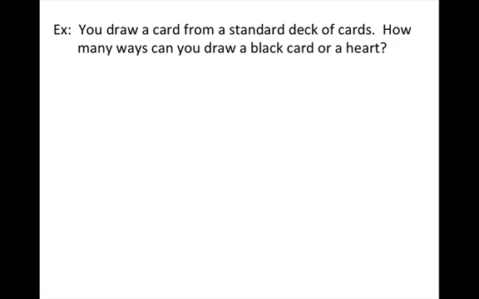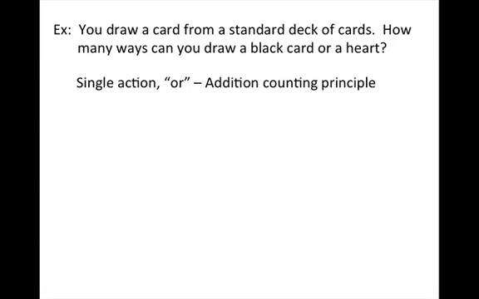Next, you draw a card from a standard deck of cards. How many ways can you draw a black card or a heart? Well, this is a single action. I'm drawing one card, and I'm considering the possibility of 2 events, a black card or a heart. So I'm going to use the addition counting principle.